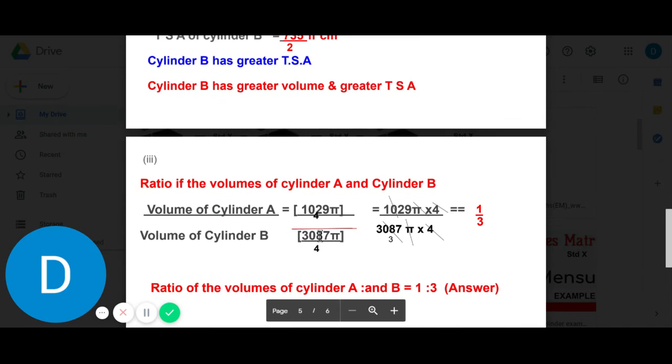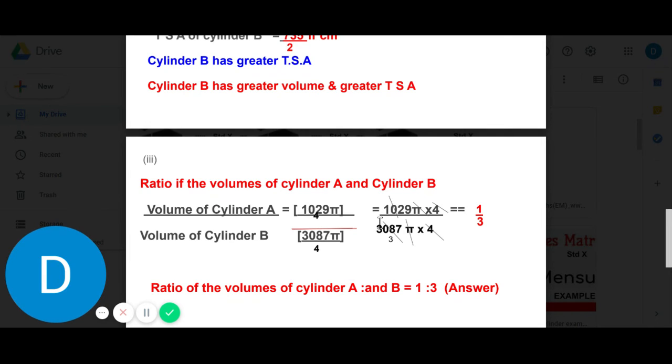The third part is we should find out the ratio of the volumes of the cylinder A and cylinder B. Already we have found out the volume of the cylinders. So let us substitute that here. Volume of cylinder A divided by volume of cylinder B is equal to 1029 pi by 4 divided by 3087 pi by 4.